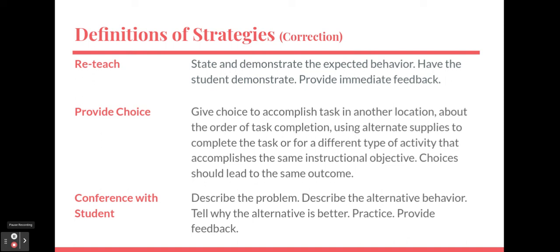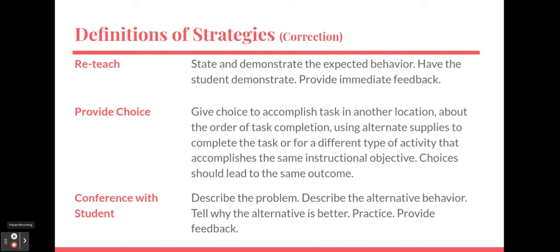Remember, choices should lead to the same outcome. For example, if a student is having a difficult time sitting in their chair, you may offer another location in order for them to complete their work. Where they complete their work is their choice, but they must complete their work. That is the outcome that you would like.